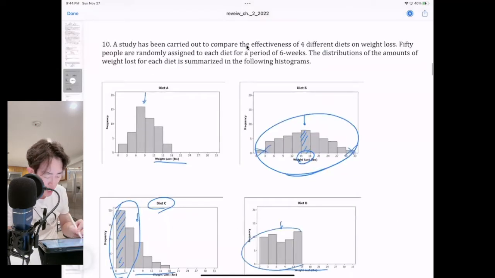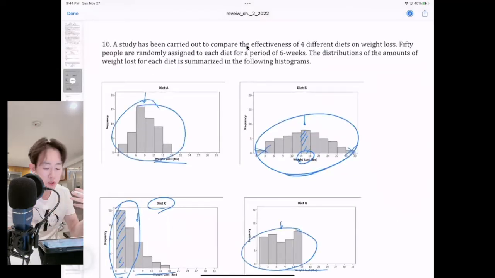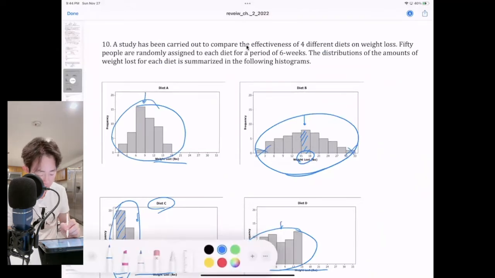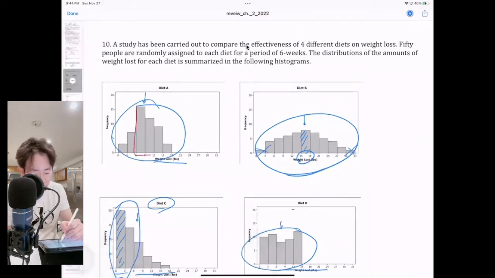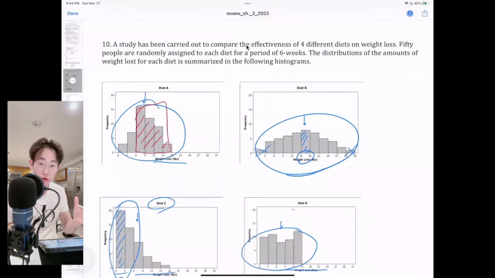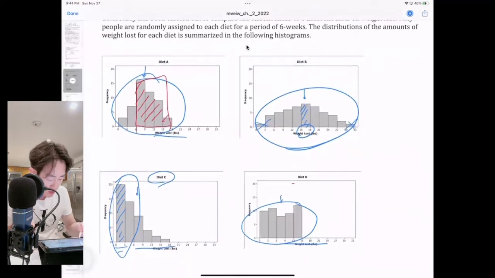Now, if you take a look at diet D and diet A, which one do you think is going to have a higher average is the question. The higher average has to belong to diet A here. Why? Because you have so much more in frequency, in terms of frequency, the value between 6 to 18. And for 6 to 18 here, well, first of all, there is no 15 to 18 in this one.